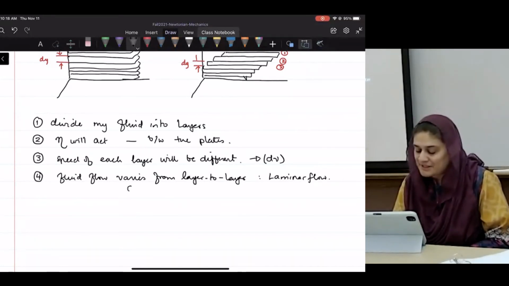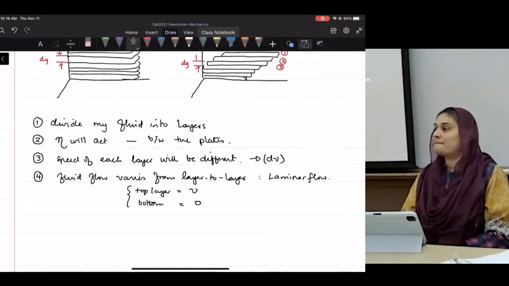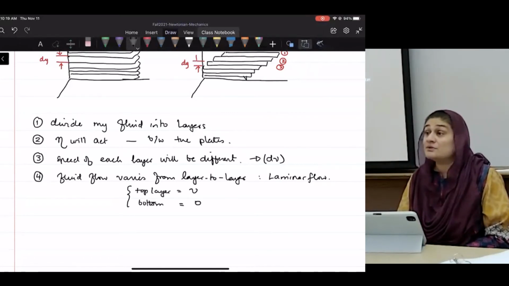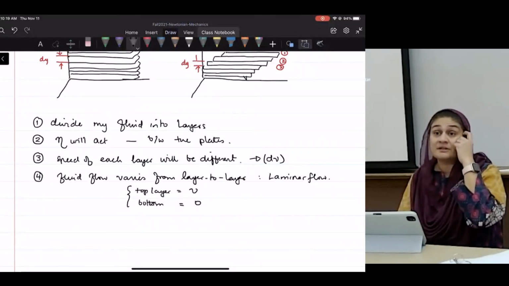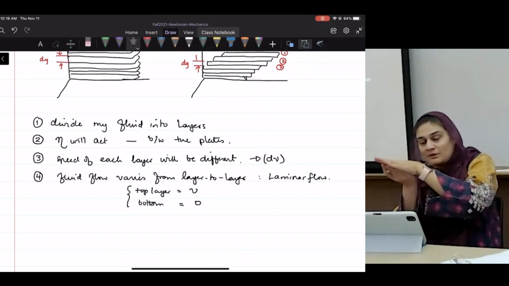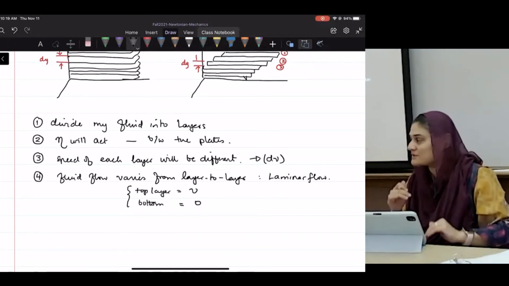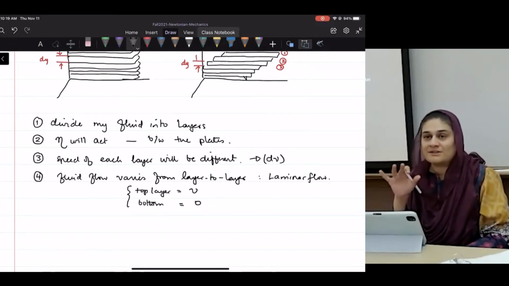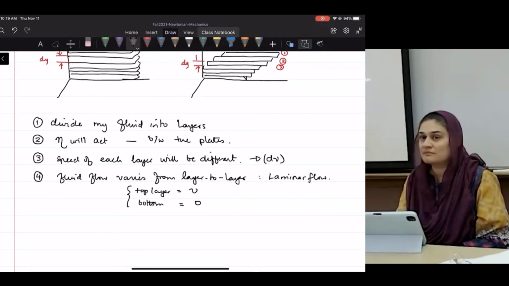And in that case, I am going to say that the top layer will be fastest and the bottommost layer will be at rest. And I am going to assume the condition where there is no slippage between the layers. So they're just rolling over each other. They're not sliding over each other, the layers themselves. Again, understand, I'm being very particular because that will help me develop the equation.